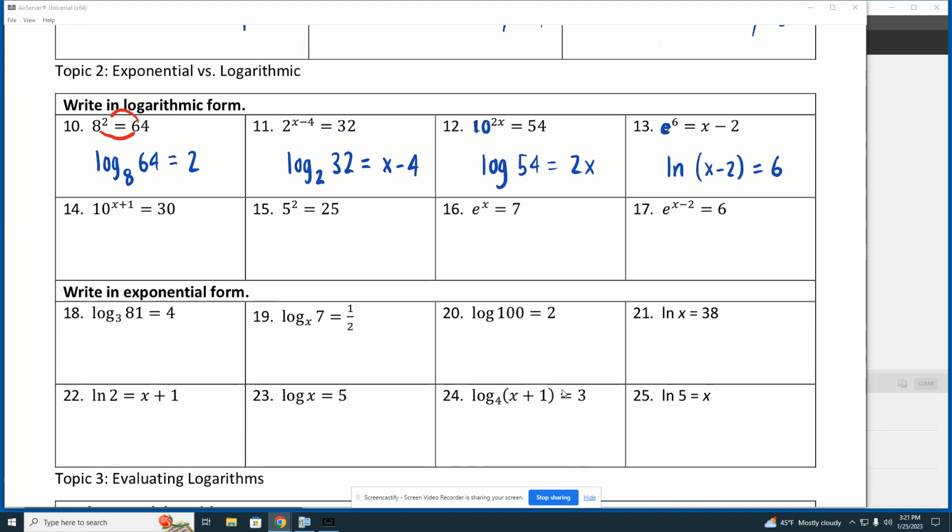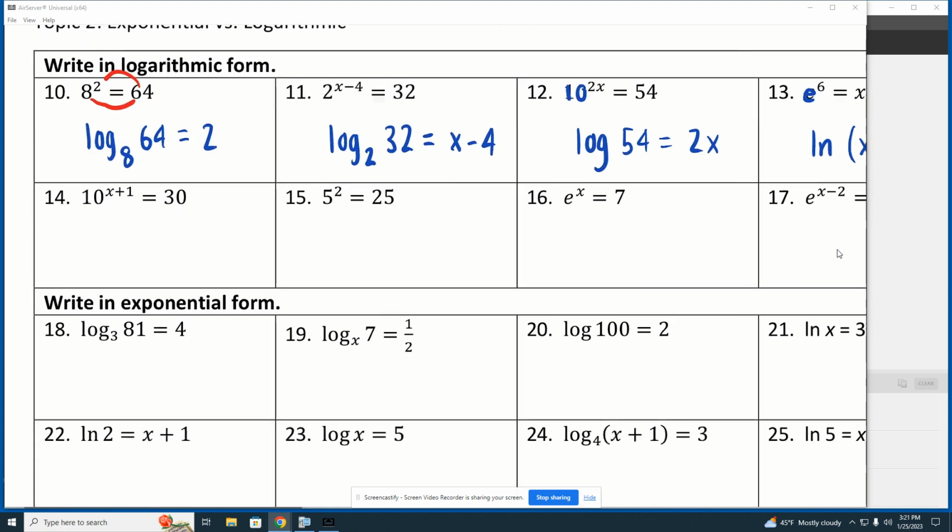Now, make sure you understand, I put this parenthesis here because when I take the natural log, base e, of the other side, I have to tell my paper and whoever's looking at it that the entire thing x minus 2 is my argument. That way it doesn't think it's just natural log of x and then it's subtracting 2, shifting down. We put the whole thing in parentheses. All right, let's keep on going.